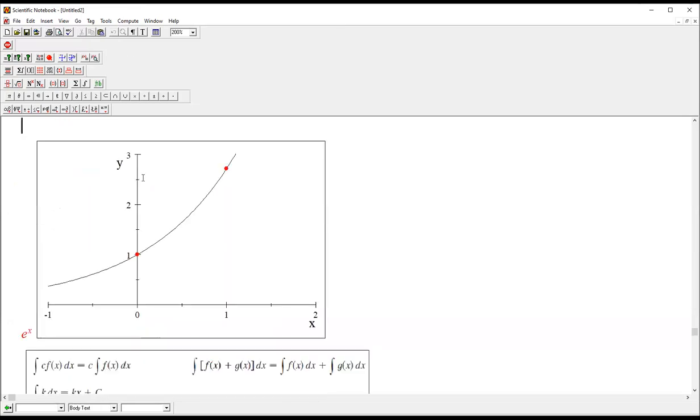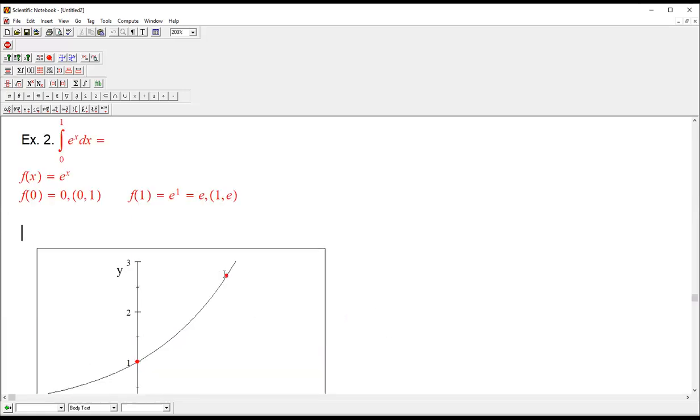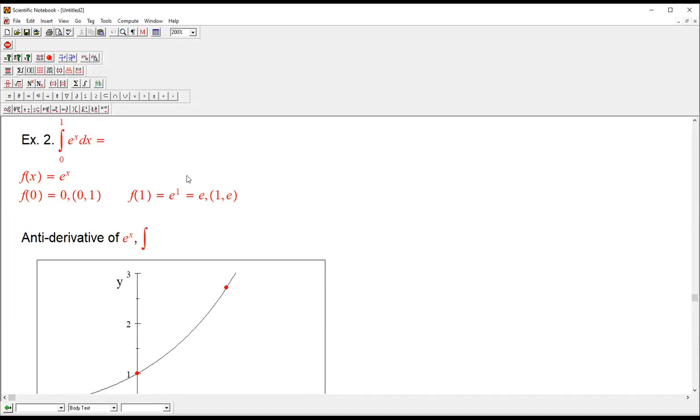Suppose we want to find the antiderivative of e to the power x. You can say the word antiderivative of e to the power x. You can also write it down in this notation, and that's another way to say the antiderivative of e to the power x.